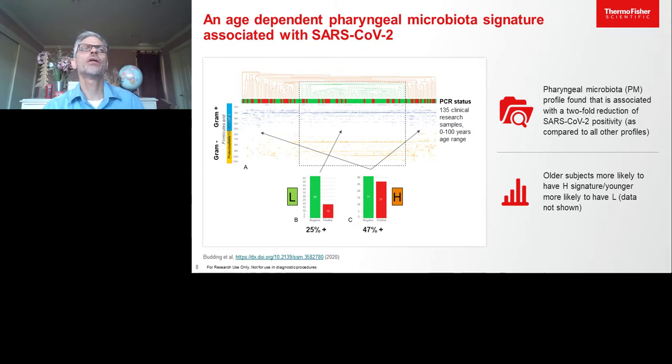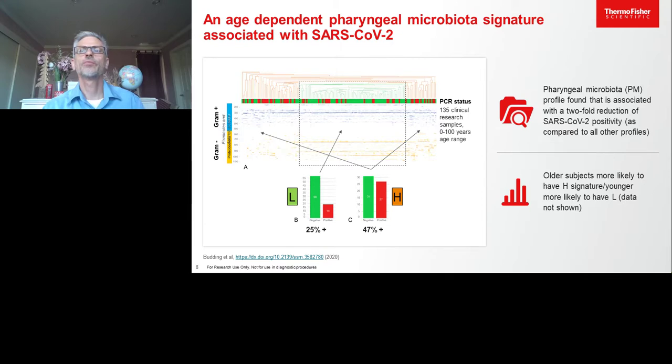What you can see on the slide is a resulting clusterogram with the PCR status of each individual listed either as red or green, red being positive for the virus, green being negative for the virus. These were independently determined by qPCR. After unsupervised clustering was performed of all of the profiles, there's a clear cluster of 77 samples with a similar microbiota profile in the center of the clusterogram.